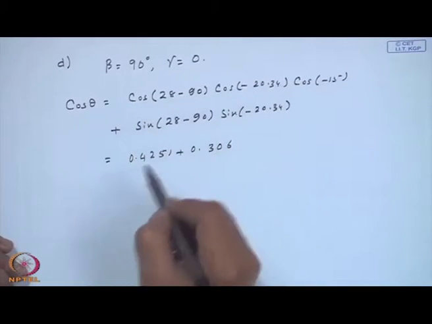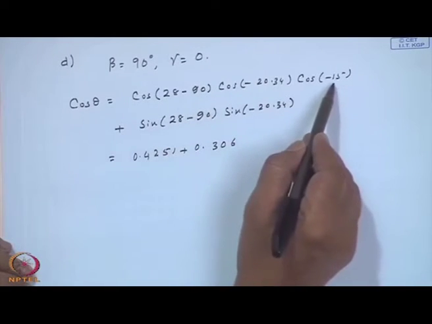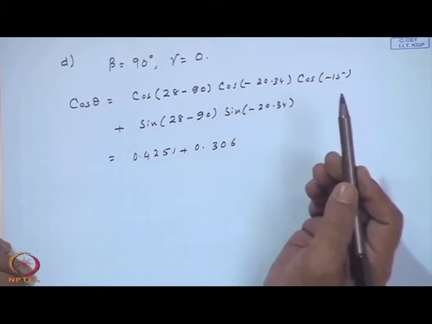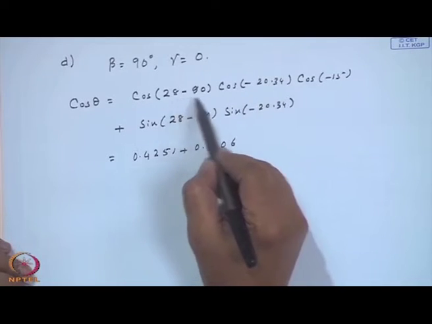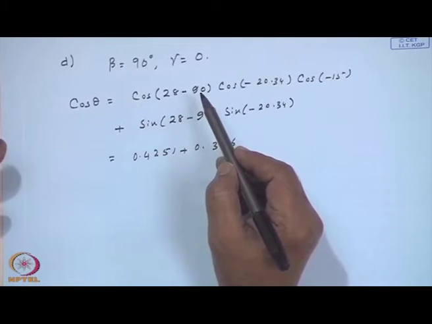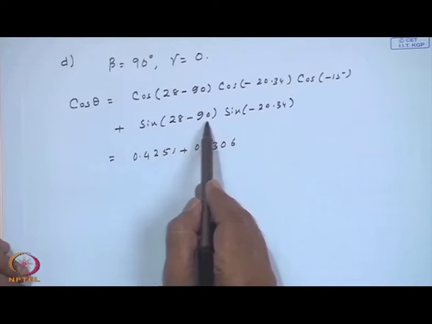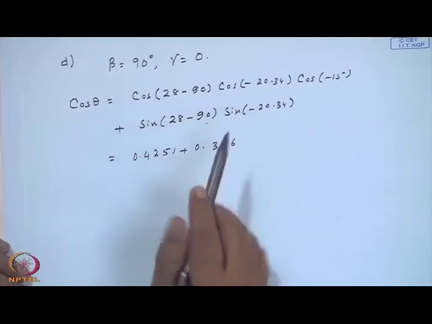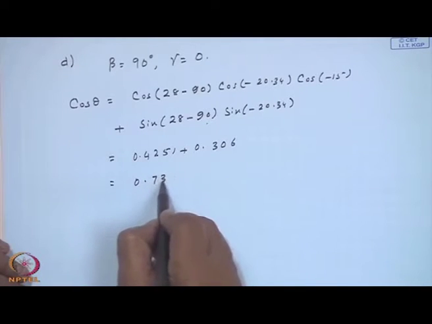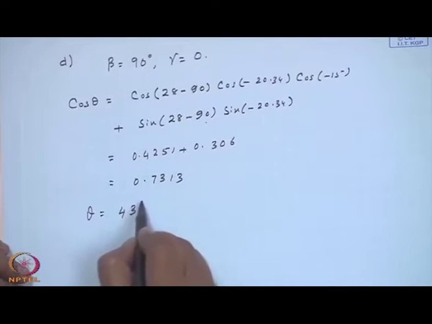Whatever number you obtain here, phi minus beta is 28 minus 90, and the sign makes no consequence, because cos of minus is cos of plus, and sin of minus theta is minus sin theta. Consequently, this entire thing becomes overall positive, equal to 0.7313, leading to theta equal to 43 degrees.